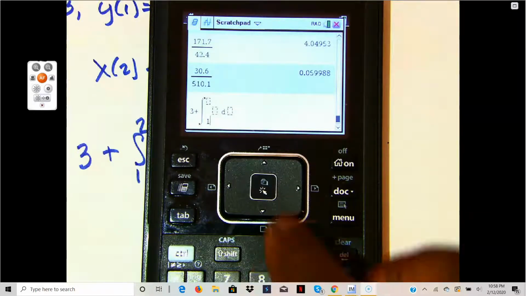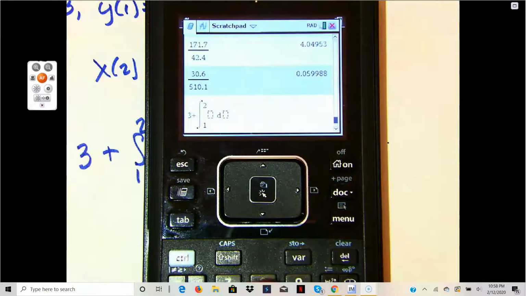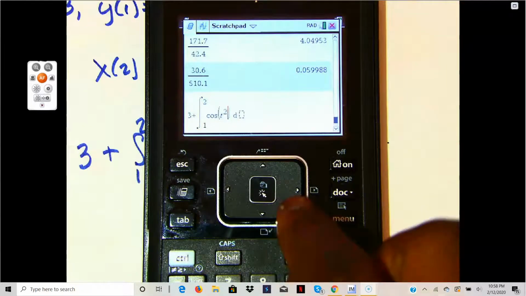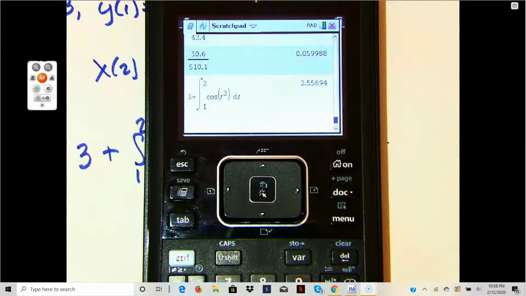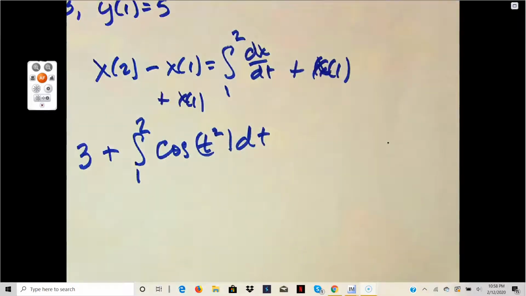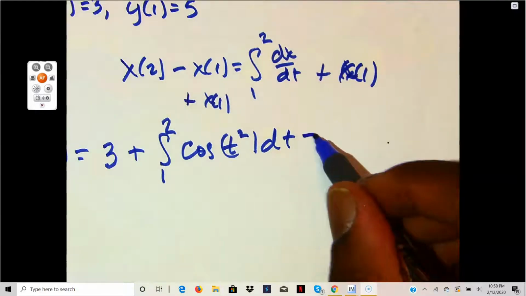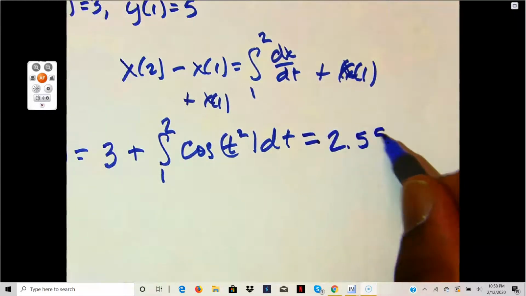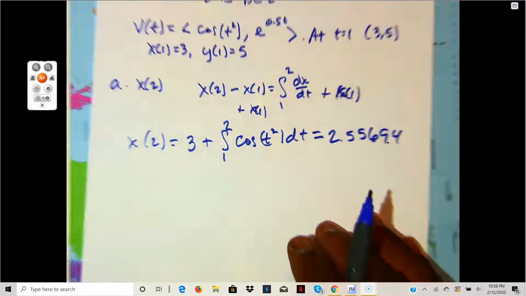We're going to go from 1 to 2, cosine of t squared, so trig, cosine, we're going to go t squared dt. So the answer we get is 2.55694. So x(2) is equal to 2.55694. So that's our solution for part A.